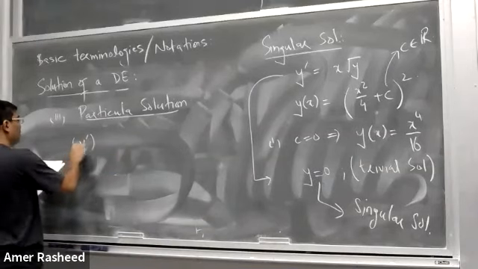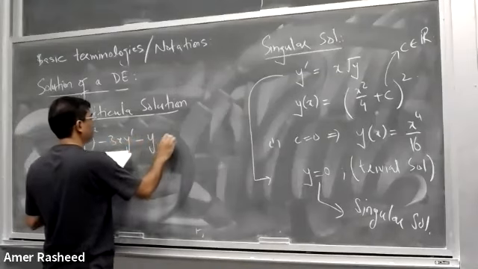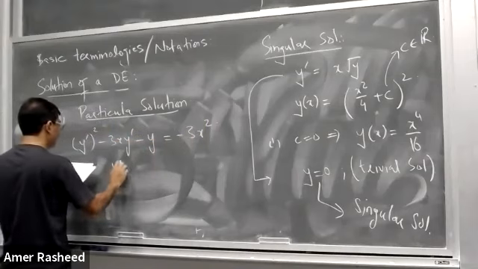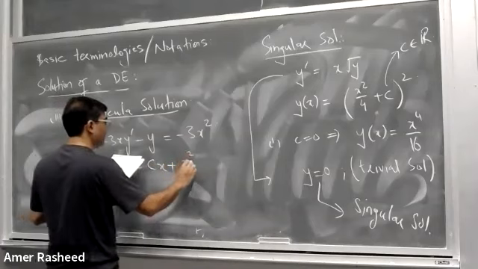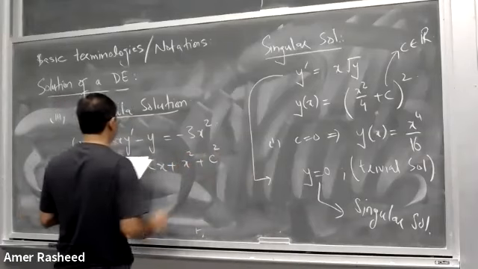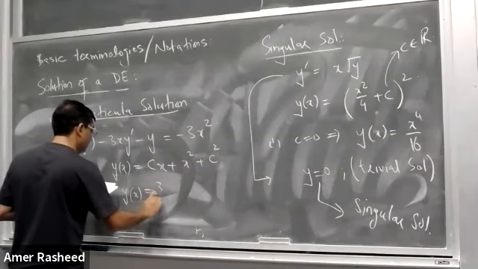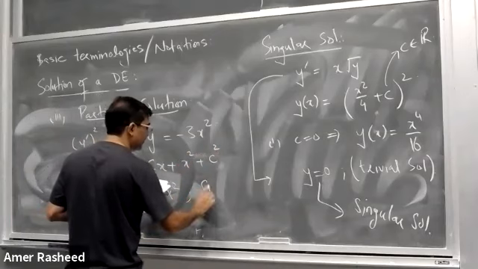Y dash whole square minus 3x y dash minus y is equal to minus 3x square. Its general solution y of x is cx plus x square plus c square, and y is equal to 3 by 4 x square is its singular solution.